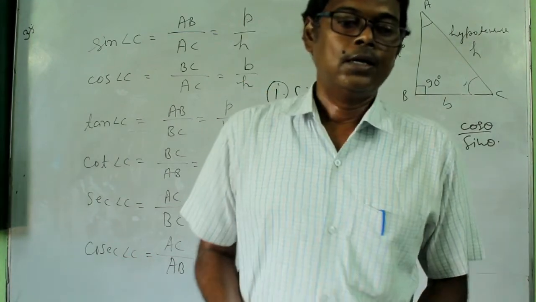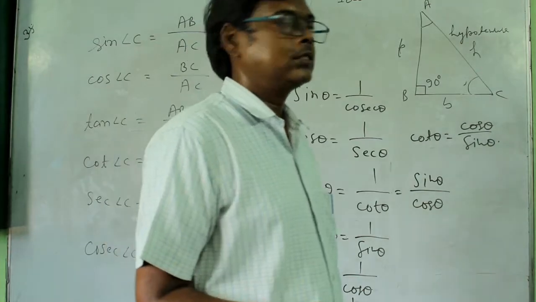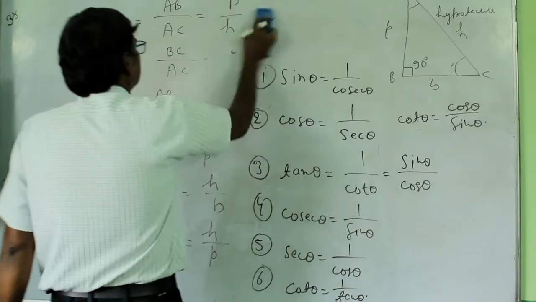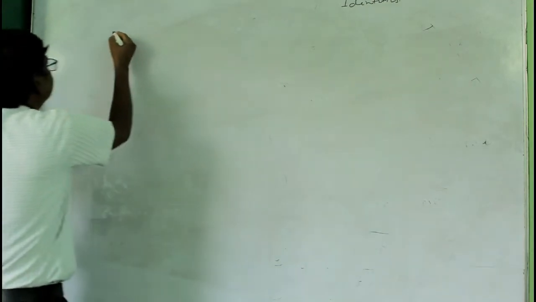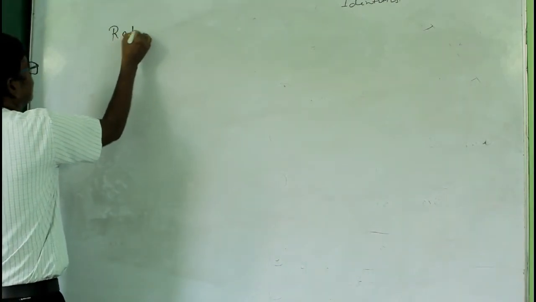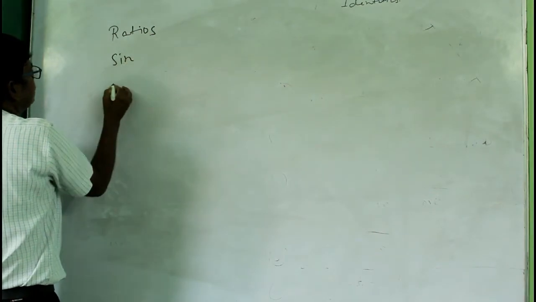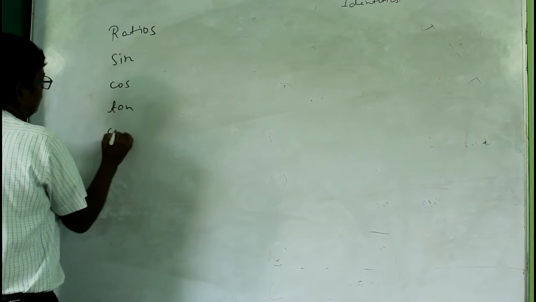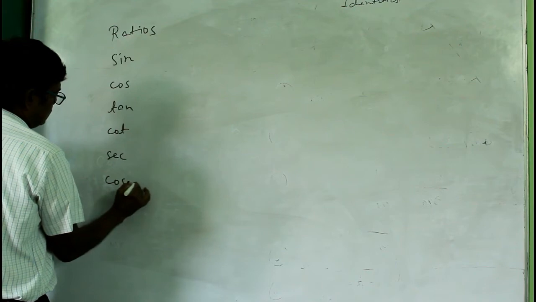Okay, there are some angles, and then we have the values of sin, cos, tan, cot, sec, cosec. Okay, so I will write here in this. Here you have the ratios, that is sin, cos, tan, cot, sec, cosec.